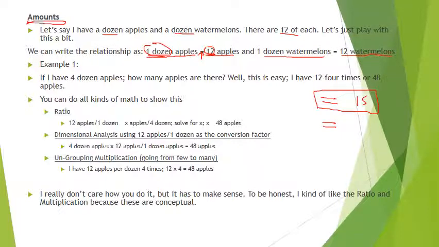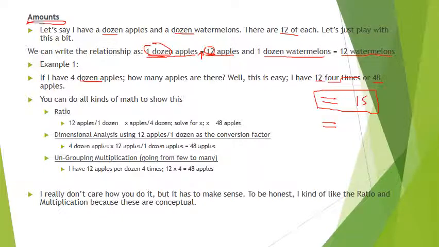So let's do some examples of this. If I have 4 dozen apples, how many apples do I have? Well, this is easy. I have 12, which is another word for a dozen, and I do that 4 times. That's going to be 48 apples. You didn't even have to do that with math, but let's do the math.